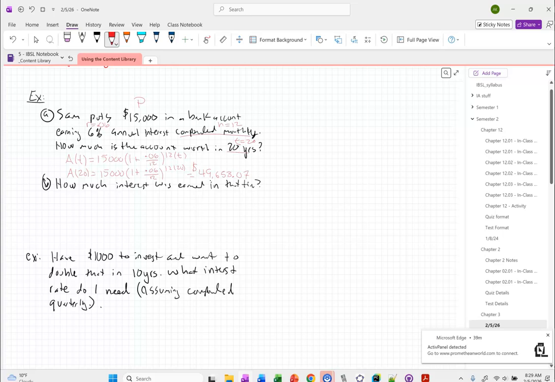Part B then asks how much interest was earned in that time. Well, shouldn't that just be A of 20 minus A of 0? Right? Any difference between where we're at and what we started with has to be from the interest payments, right?